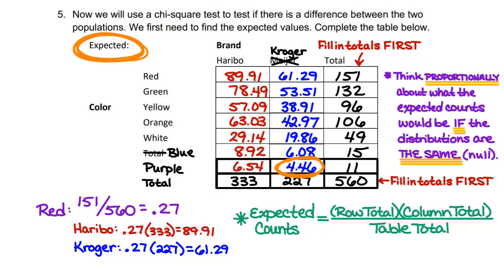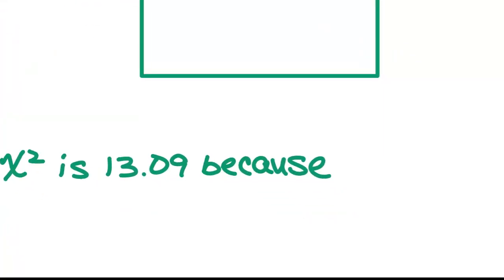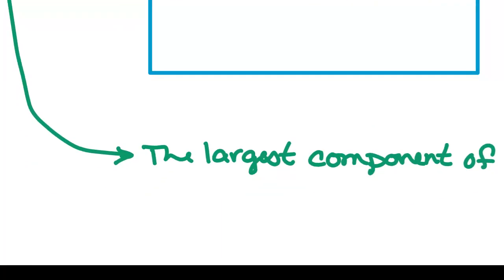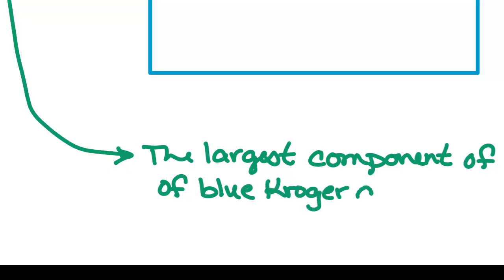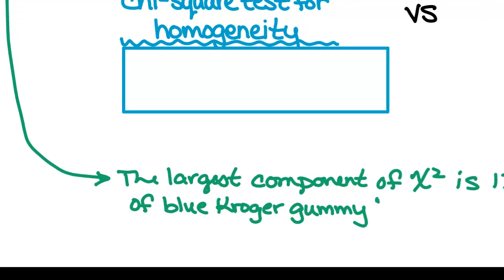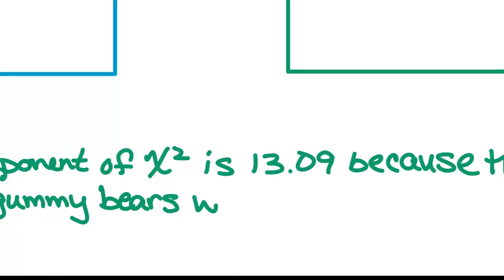We expected 6.08. Is what we observed way more or way less than what we expected? Way more. Because the number of blue Kroger gummy bears was far more than expected.